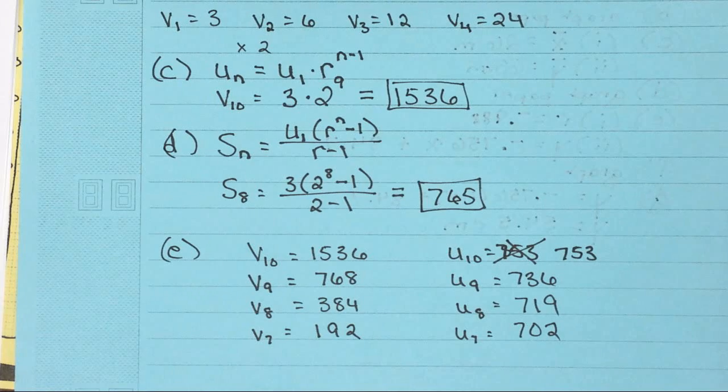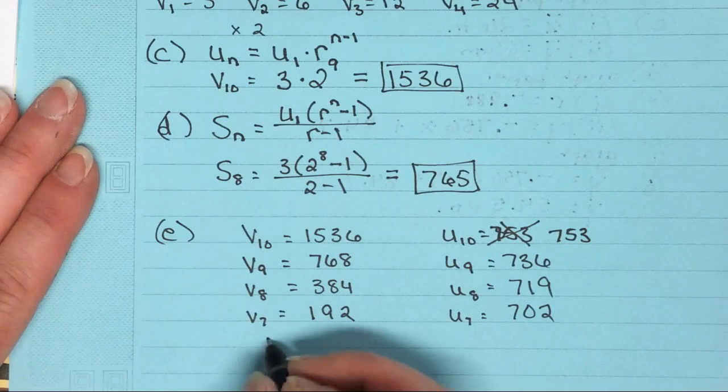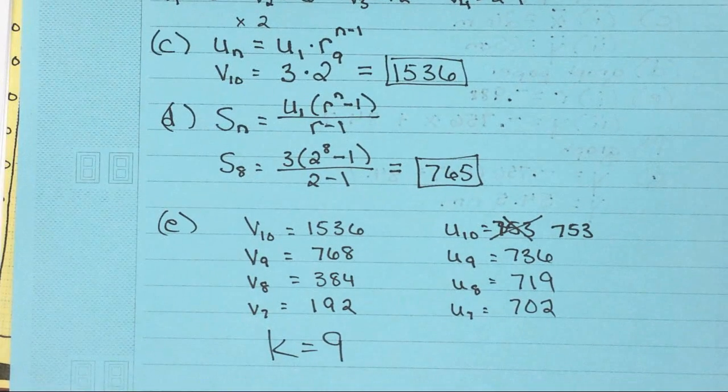When does pattern V pass up pattern U? It's still below it, isn't it? So it's at 9. So K equals 9. Now you could have done it where you set the equations up and tried to solve it.